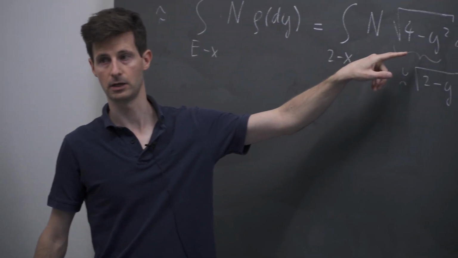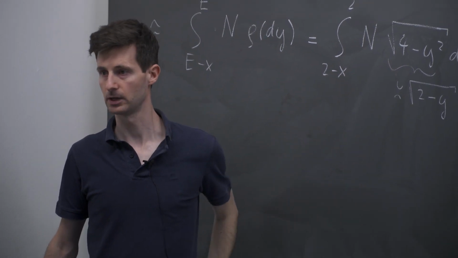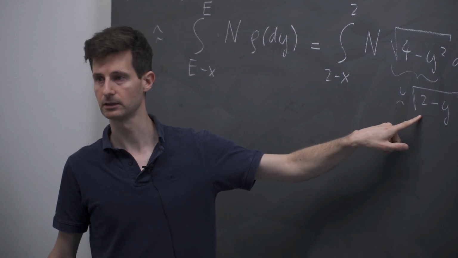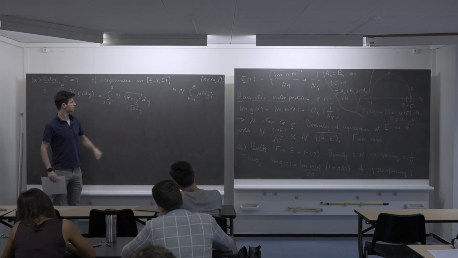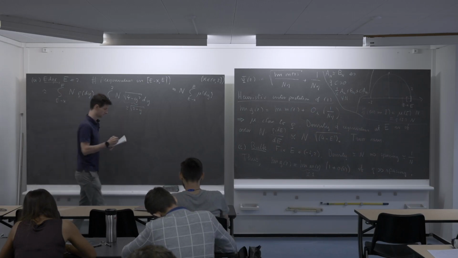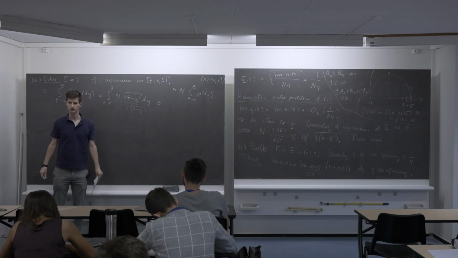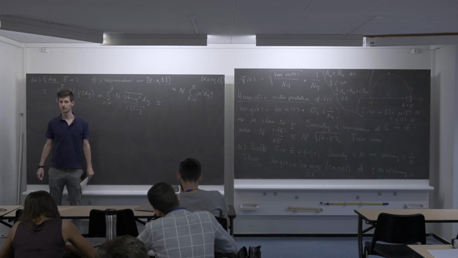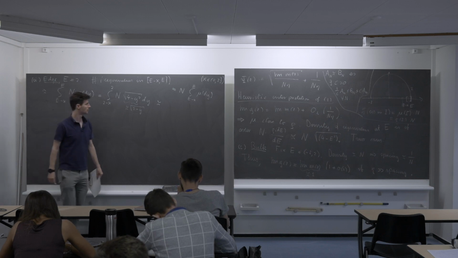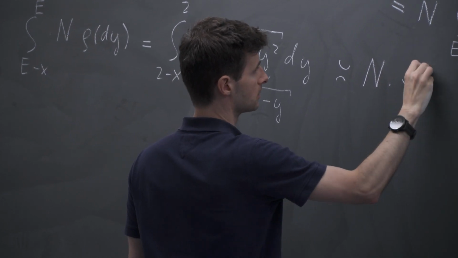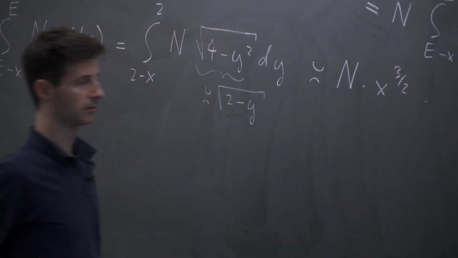And 2 plus y is bounded from above and from below by some positive constant, so you can ignore it and put it in here. This behaves like that. And then you can just integrate this. How to integrate the square root function is easy. You get the function x to the 3/2. So in other words, this thing behaves like n times x to the 3/2.